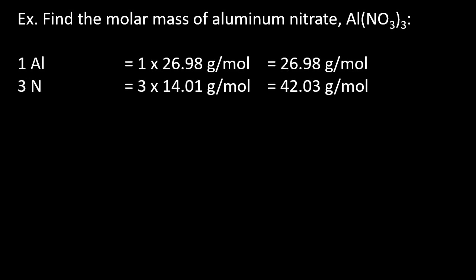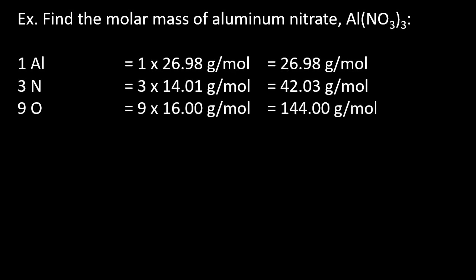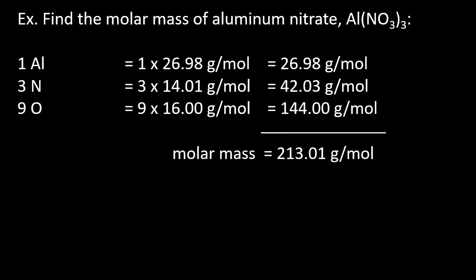And we have 3 nitrogens, each one is 14.01. We have 9 oxygens to give us 144 grams per mole. And then we just add them all up. That gives us a total of 213.01 grams per mole. Remember, with addition, we keep the number of decimal places.